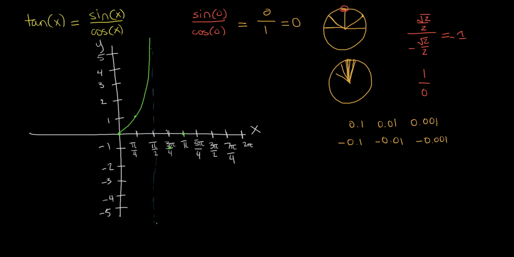Because of the way the circle works, right here, if we went down here to 45 degrees past 180, we're going to have positive 1 here for tangent, right? Because the sine is going to be negative square root of 2 over 2, and the cosine is also going to be negative square root of 2 over 2. This is going to be the same as right here, right?